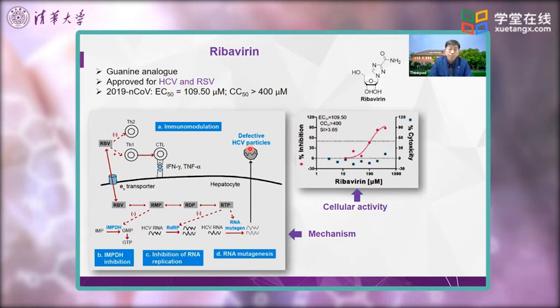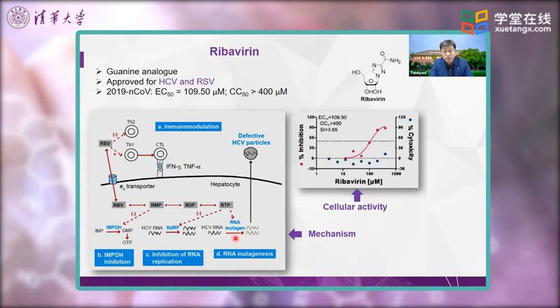The true mechanism is rather complicated. Other than the major contribution by inhibition of RNA replication, it was proposed that ribavirin can work by other pathways. For example, it can inhibit IMPDH.